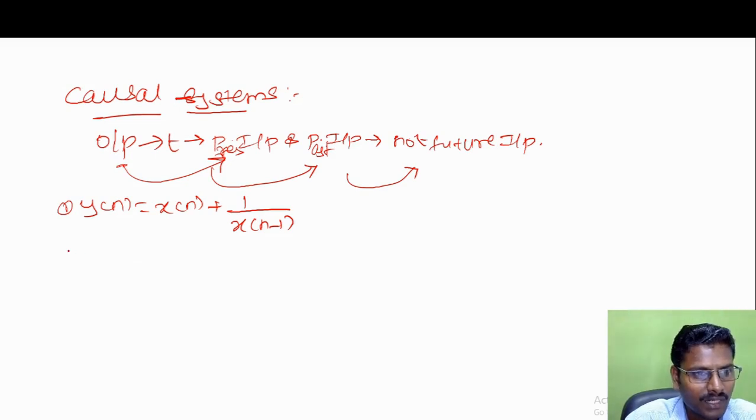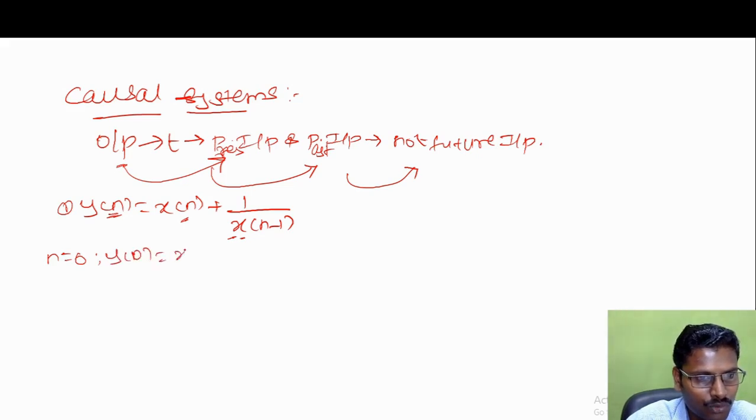For this, I am going to substitute n equal to 0, 1, 2, 3 as positive values and n equal to minus 1, minus 2, minus 3 as negative values, to check whether the output depends on present, past or future inputs, right? Let us assume n is equal to 0 and substitute it in the given system.